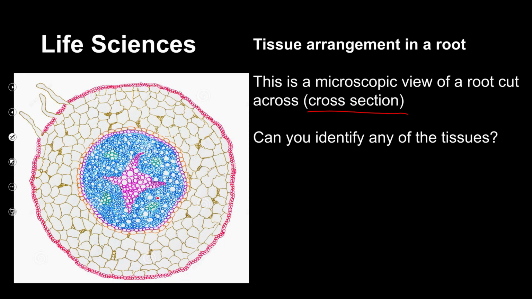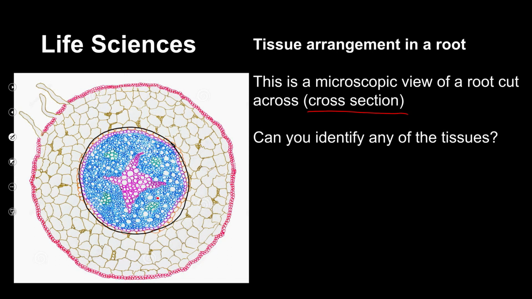What you're seeing is something like a carrot cut across. If you think of a carrot, this central portion here would be a slightly yellowish color, and all the cells inside it are much, much tougher. That is where all the vascular tissue is found.